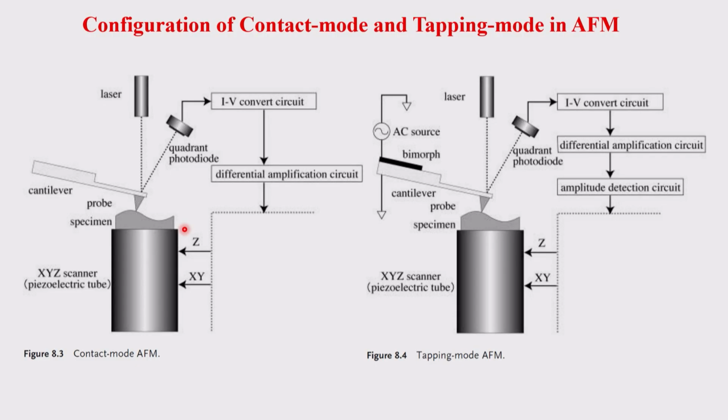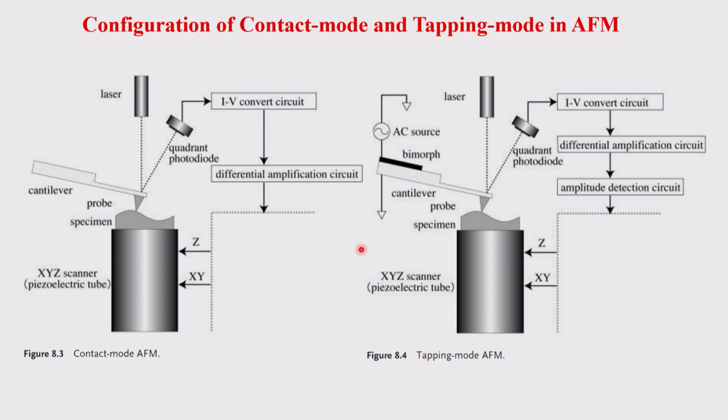Both of these can be mobile. So in this contact mode, the cantilever moves on the surface of your sample, and these light deflections are measured and converted into current, and then this is used.